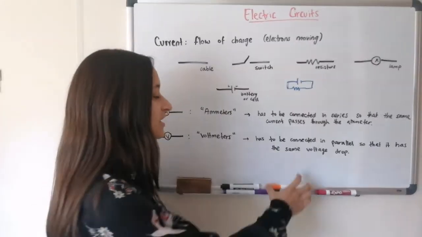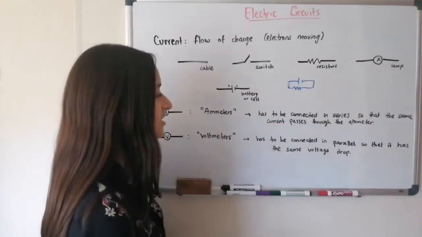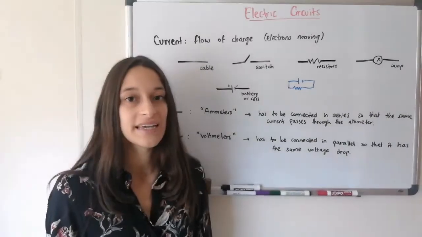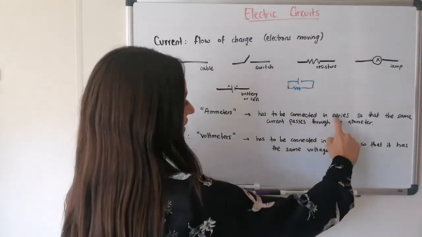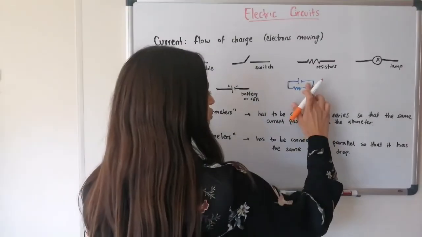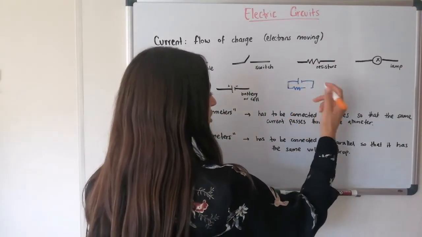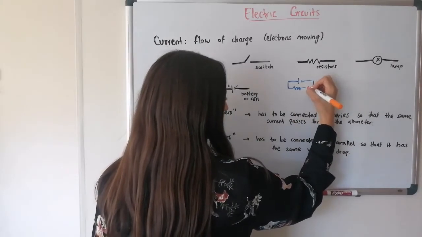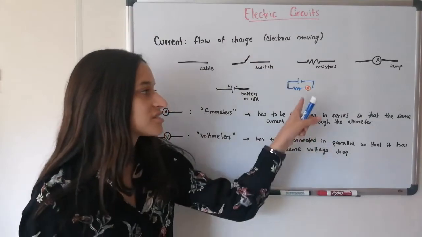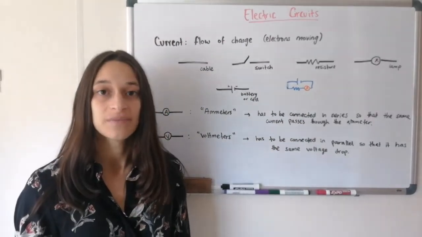So what you need to do is connect, as is expressed here, the ammeter and the voltmeter separately. First you want to connect the ammeter, and you need to connect it in series. That means in the same branch as the resistor. So you would have to open the circuit up here and put your ammeter right here to measure the current. So with the ammeter in series, you would get the current.